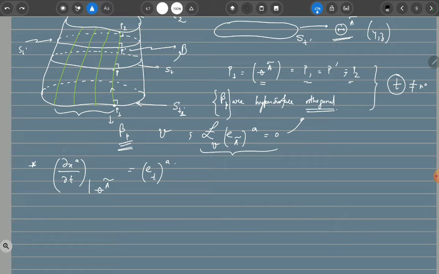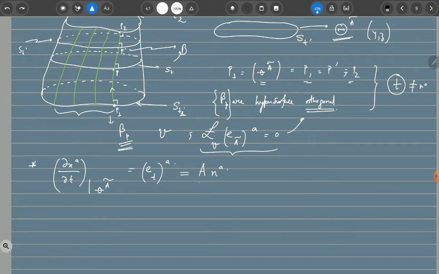And by our construction that these congruences of curves beta P are hypersurface orthogonal, it implies that it should be proportional to N A, where N A is the normal to the two-dimensional boundary surface ST.